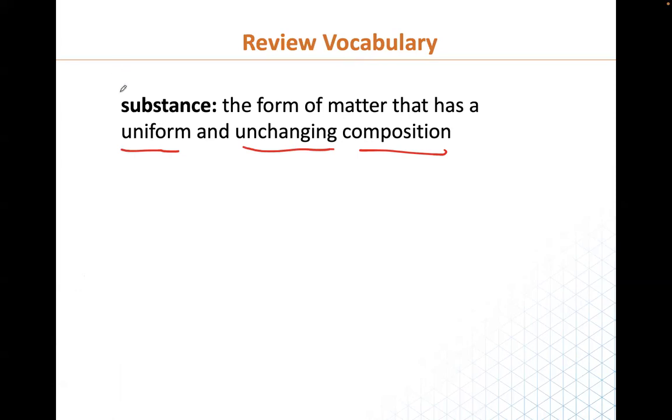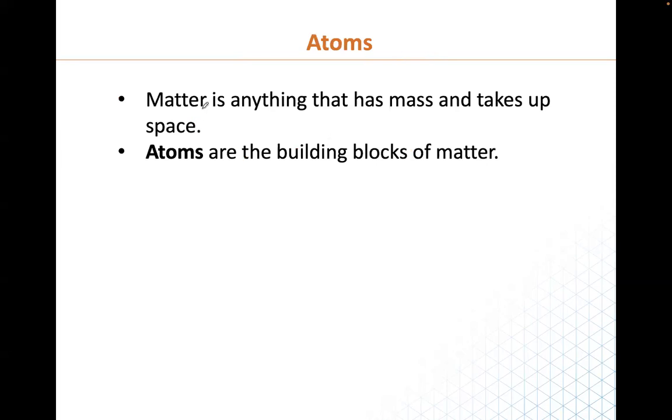So when you say something is a substance, the meaning is all of the matter that is embedded in it. It is the same, it's uniform, and the composition is not changing.